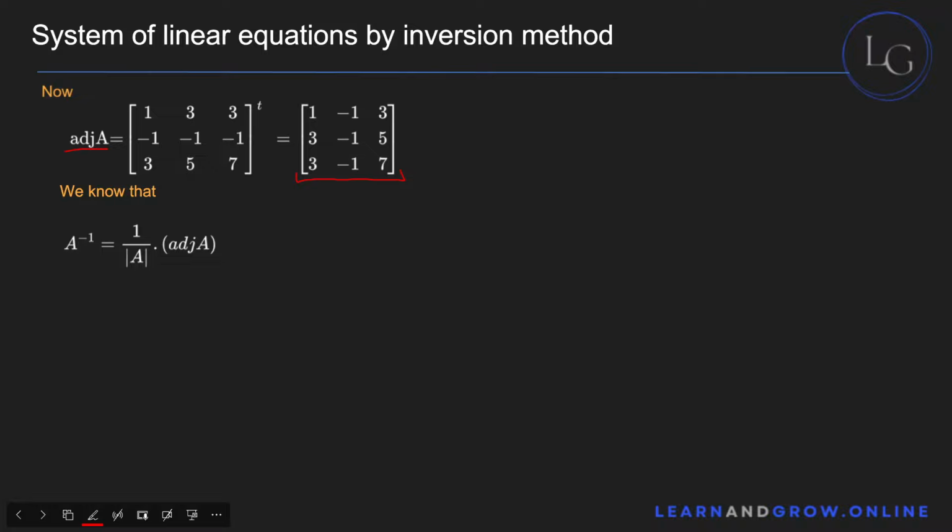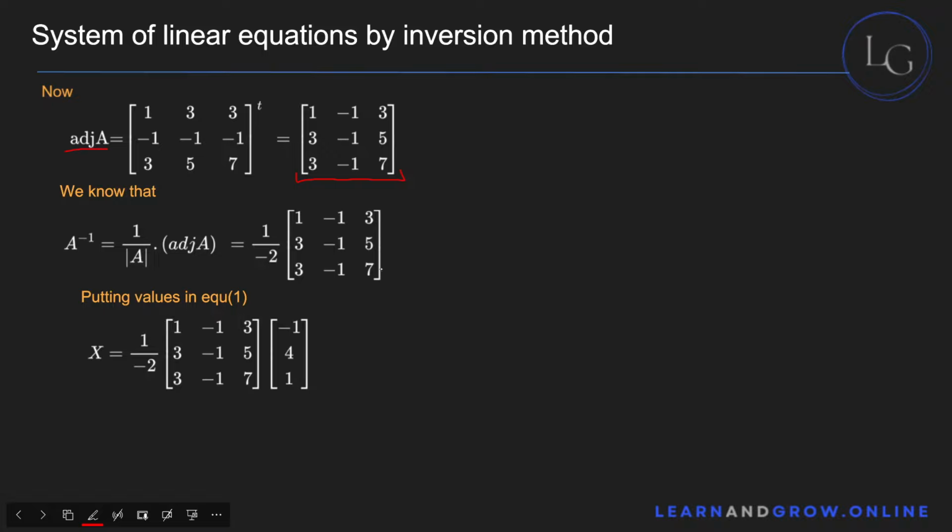Now you'll divide the adjoint of A by the determinant of A, and you get this here. And then, as you remember, X is equal to A inverse B. This is A inverse, and this is B. You'll solve this.